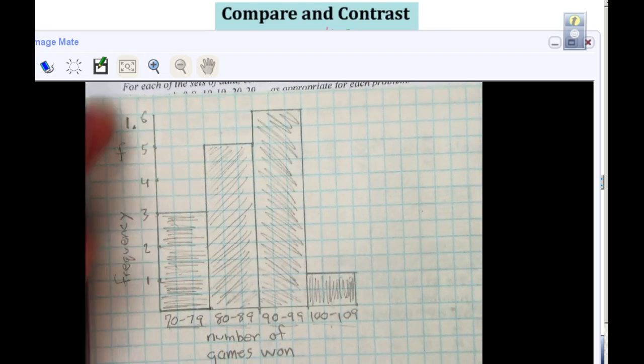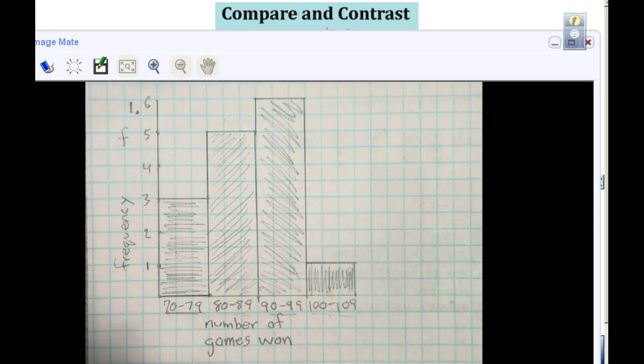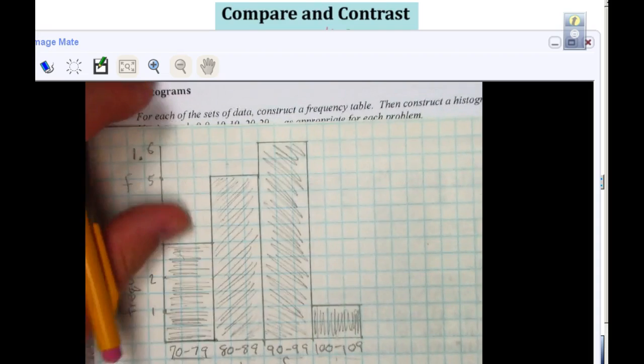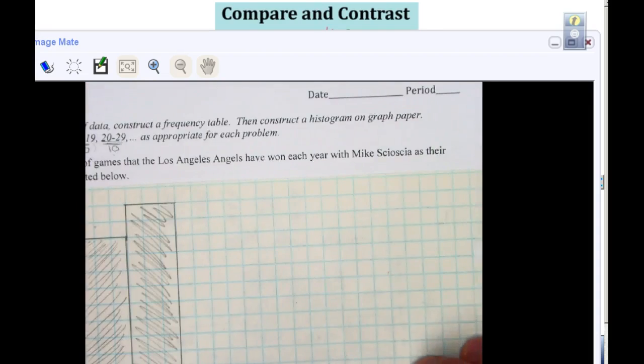Okay, there's one thing missing. Who had these wins? And under what conditions? So you're going back, that's your title. So it says, oh yeah, Los Angeles Angels with Mike Scioscia as the coach.